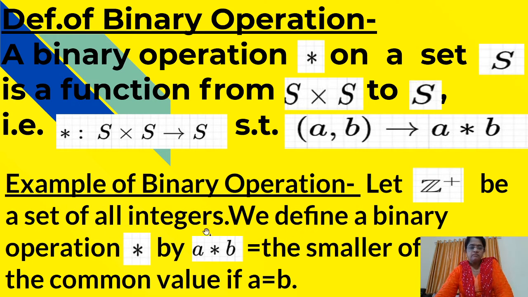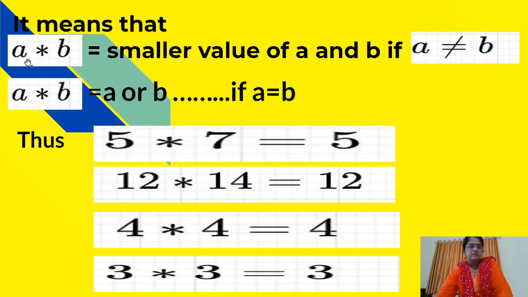We define a binary operation star by A star B is equal to the smaller of A and B, or the common value if A is equal to B. It means that A star B is equal to the smaller value of A and B if A is not equal to B, and A star B is equal to A or B if A is equal to B.